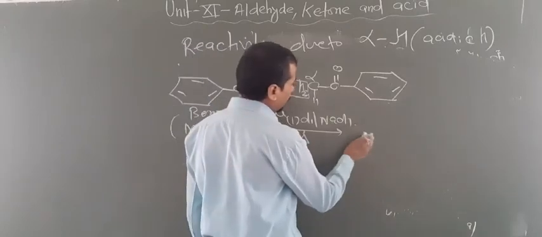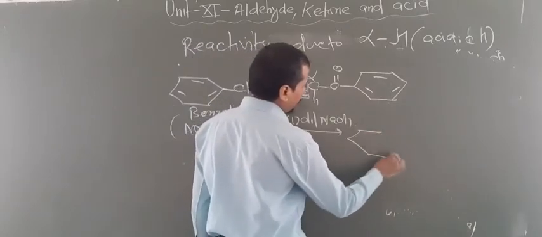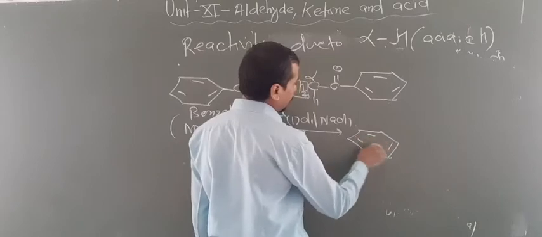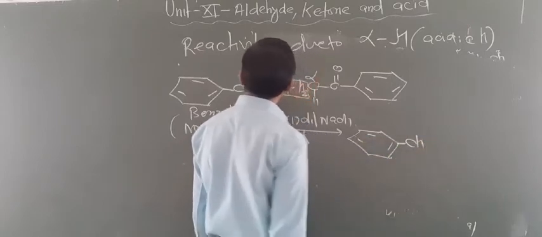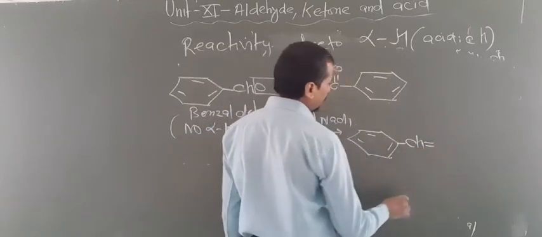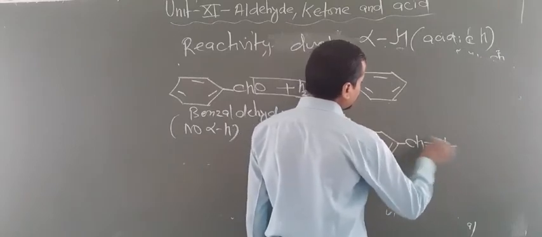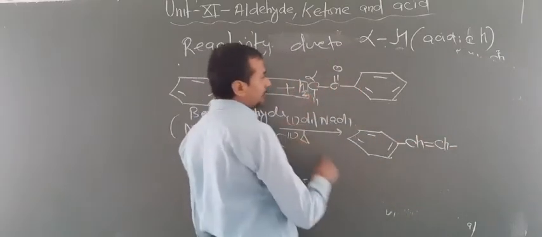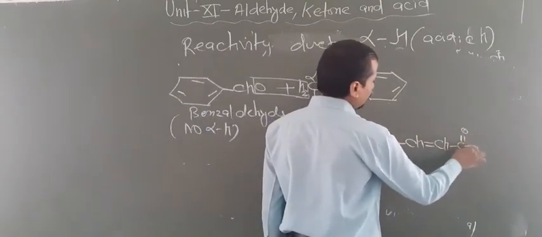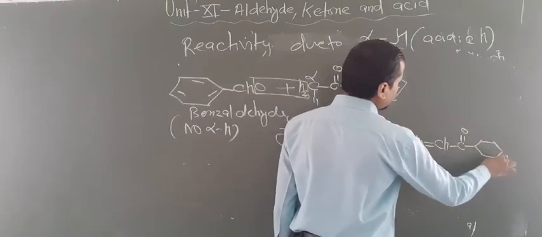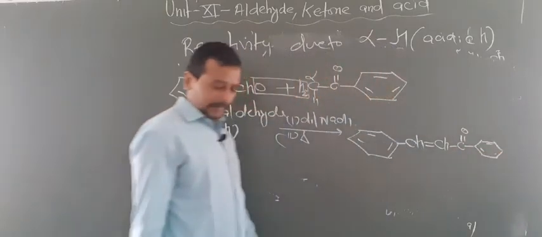Your product will have two benzene rings like this: CH from benzaldehyde double bond, CH from this carbon and C double bond O, and now you add one more benzene ring.